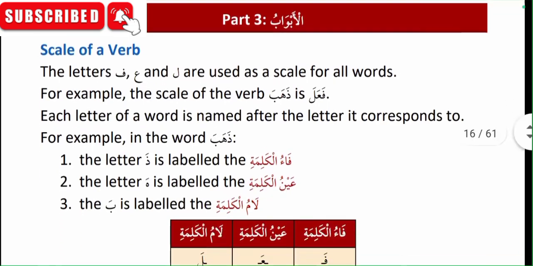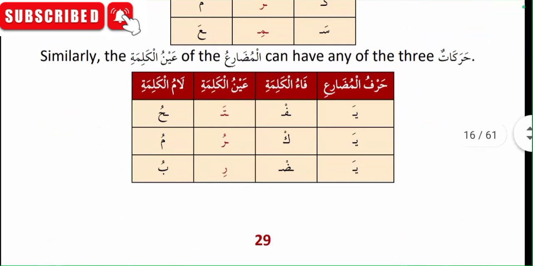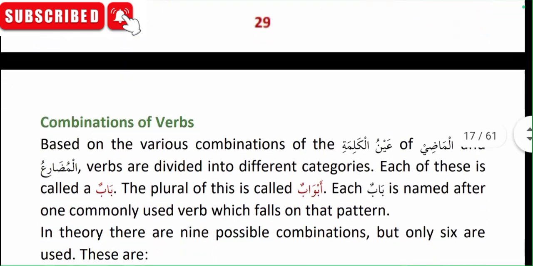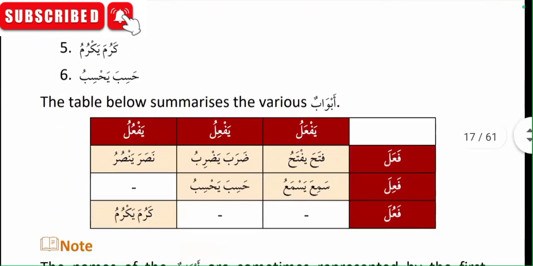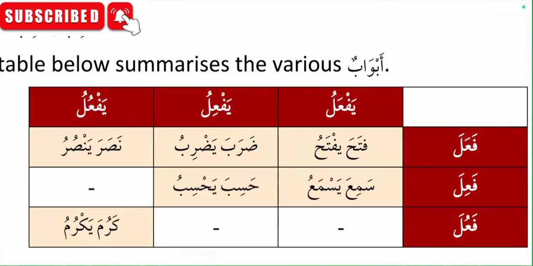Then we moved on to Abwab, and Abwab are related to the Ainul Fi'l and the harakah that it has on the Ainul Fi'l. Out of 9 possibilities, we have 6 possibilities in our dictionary, which are called the Abwab. Either it can be Fataha Yaftahu, or Daraba Yadribu, or Nasara Yansuru, or Sami'a Yasma'u, or Hasiba Yahsibu, or Karuma Yakrumu.